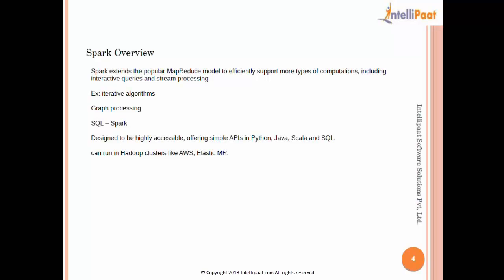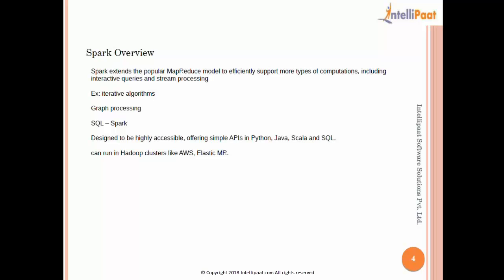You'll only do the filtering in the reduce phase. So that is a very poor abstraction if you're writing an algorithm in Hadoop. So what Spark does is it abstracts the mapper and the reducer so that you can write your filter or word count or aggregation without thinking in terms of MapReduce. So that is one difference with Spark.